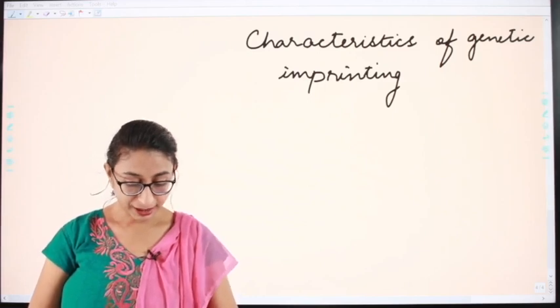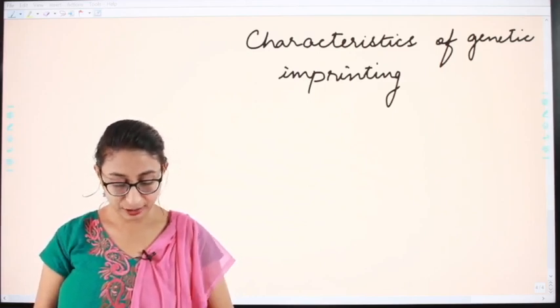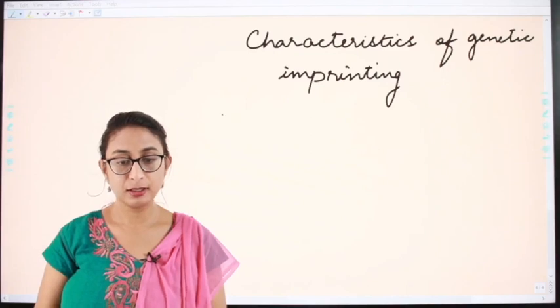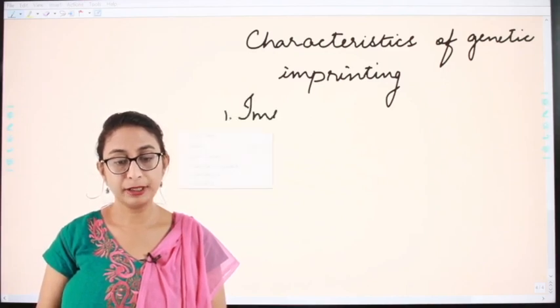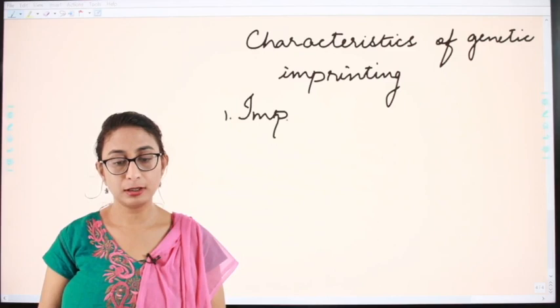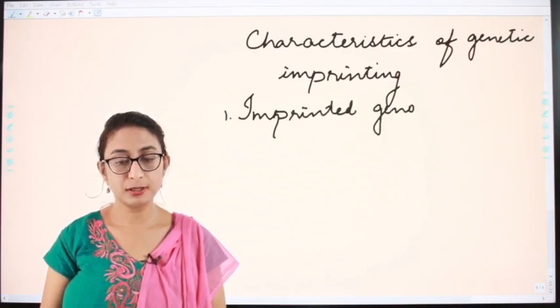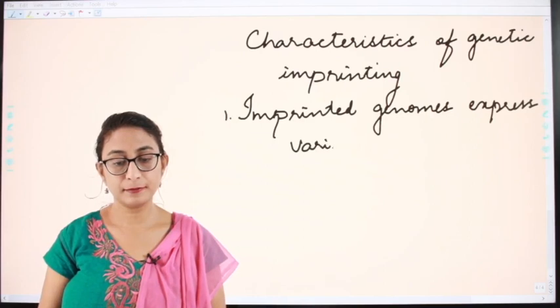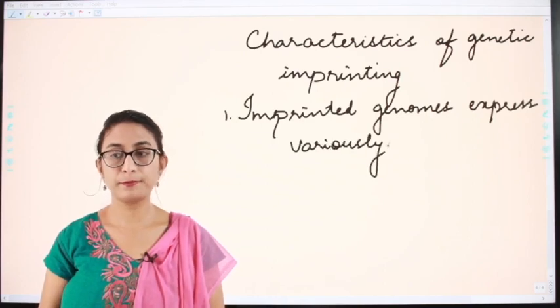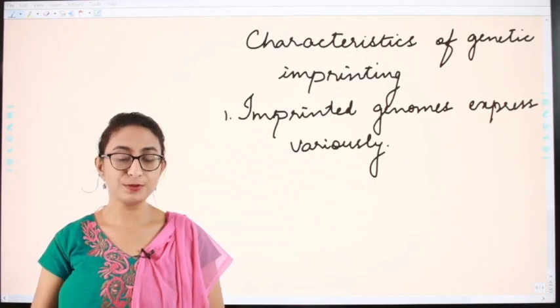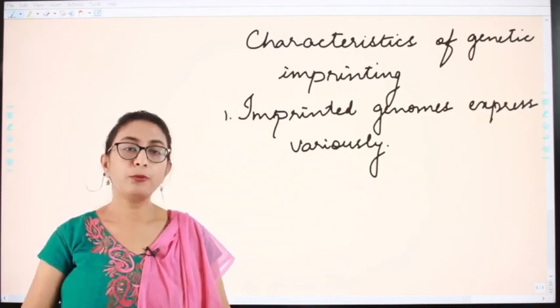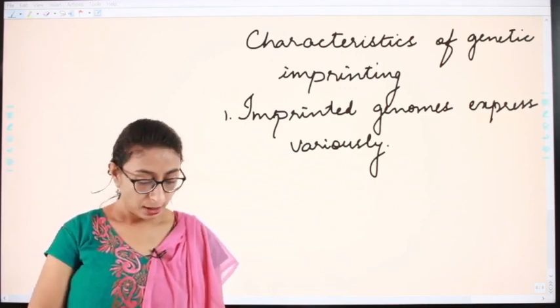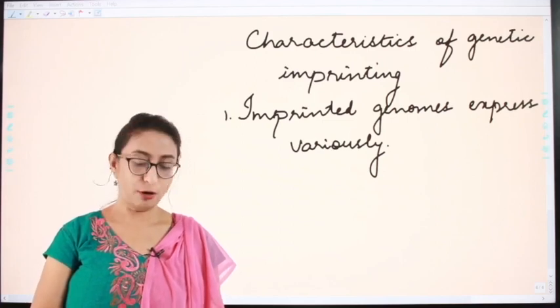First one is: the imprinted genomes express variously. Imprinted genomes express variously. So, the genes can have a different magnitude of expression.